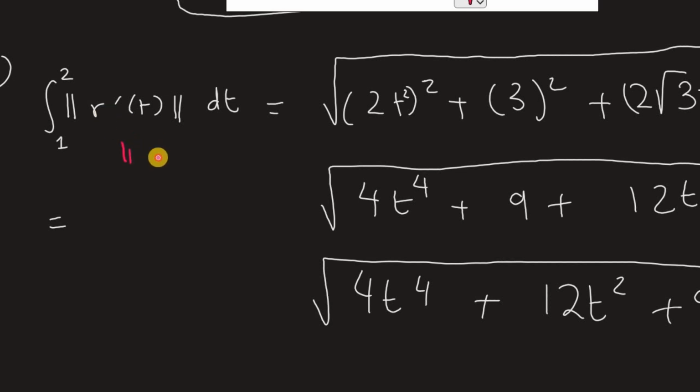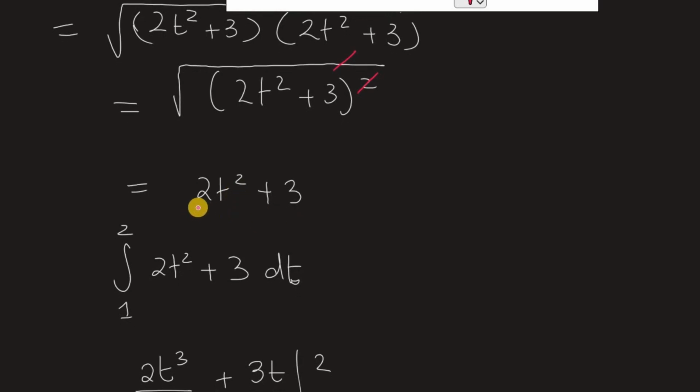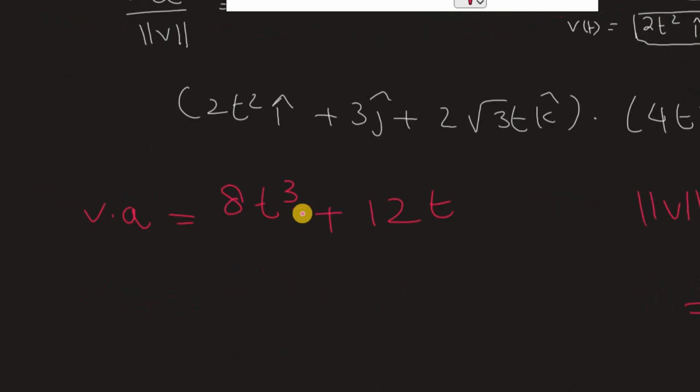So here we actually calculated the magnitude of v, so we don't need to calculate it again. Okay, so what did it give us? At the end we got the result as 2t squared plus 3 as the magnitude of v, or you can call this the magnitude of r prime of t, so it's the same thing. So we can just write it over here.